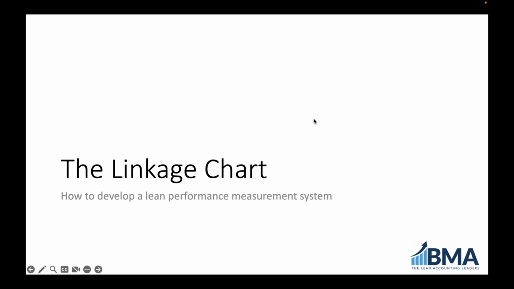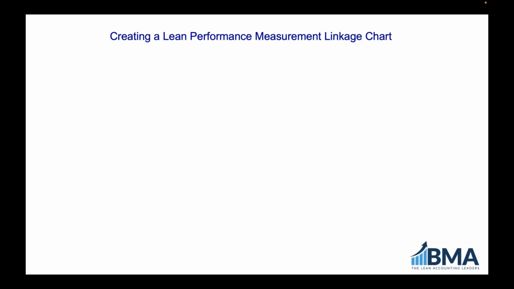All right, and let's talk about the linkage chart. This is a way to develop a lean performance measurement system. This is the process that I use when working with a company and they want a lean performance measurement system in place. Let me show you what it looks like. I always say it's like an eye chart.